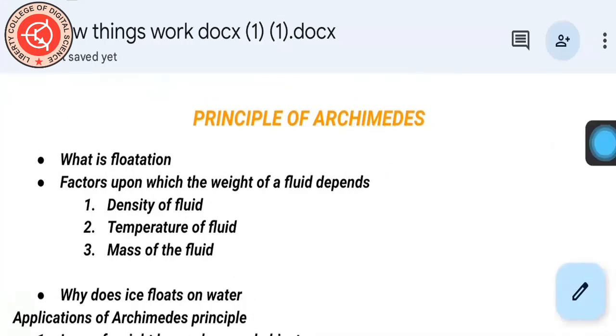Archimedes principle. This is a principle that is very, very straightforward, and it is so important in our lives that it's the principle that guides the flotation of ships that are carrying heavy loads on the sea from one country to another.